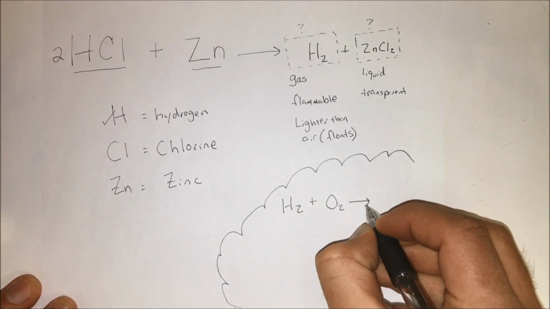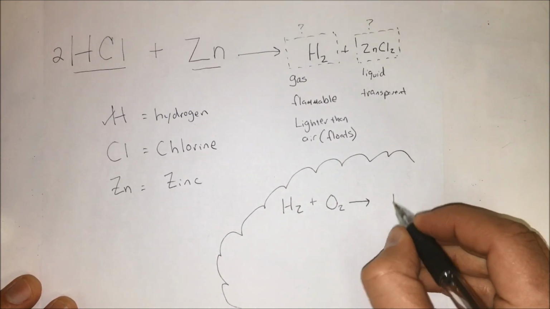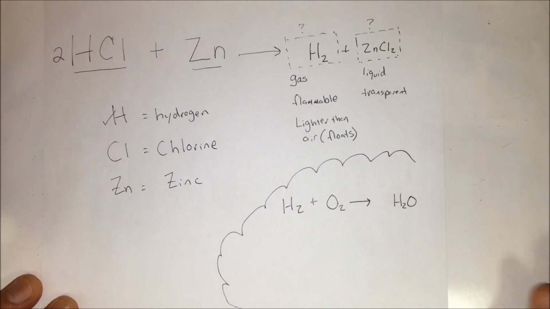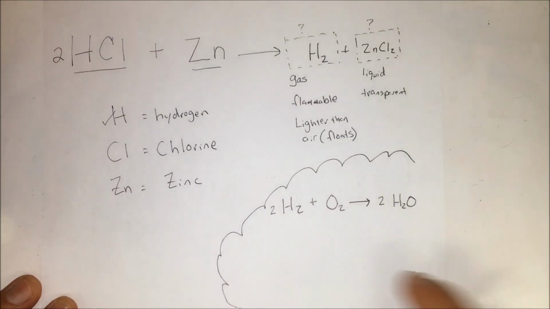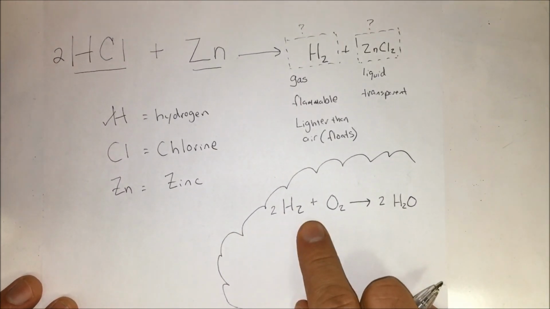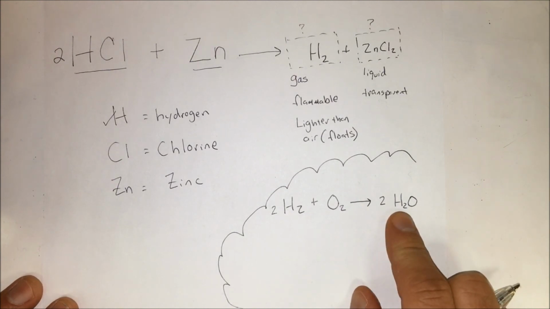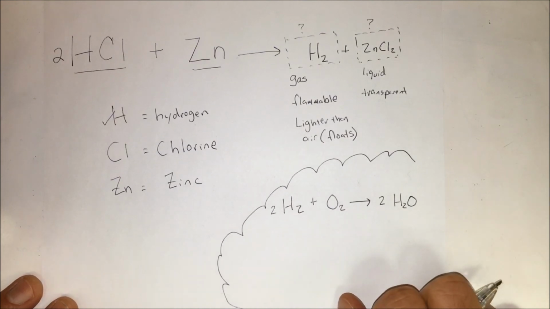Anybody know what we get? Pretty cool. We get water vapor. If I balance this out, we have 2H2 plus O2 is going to equal 2 H2O molecules, for a total of 4 hydrogen on either side and 2 oxygen on either side.